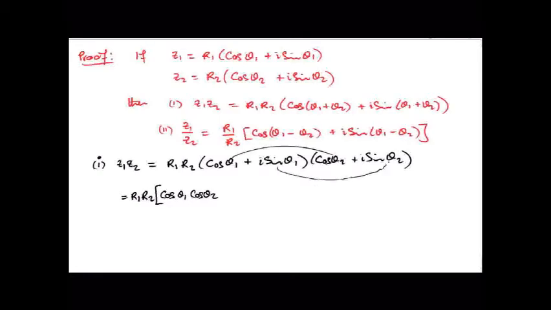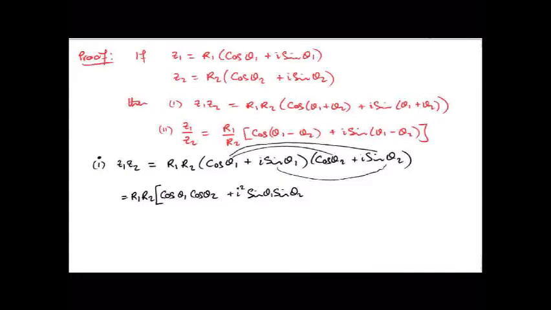I've noticed that when I multiply i by i, I'm going to get i squared. So that's going to be another real bit, isn't it? So I'm multiplying it in such a way that I have the real bits together and the imaginary bits together. Okay? So what's i sine theta 1 multiplied by i sine theta 2? It's i squared sine theta 1 sine theta 2. Is that okay?